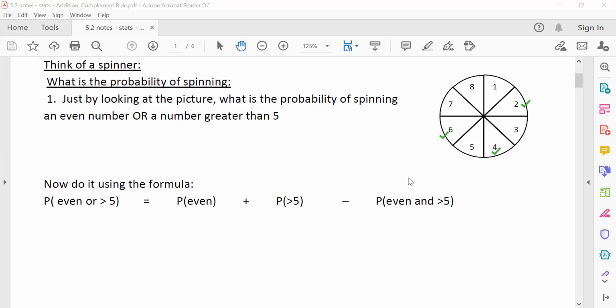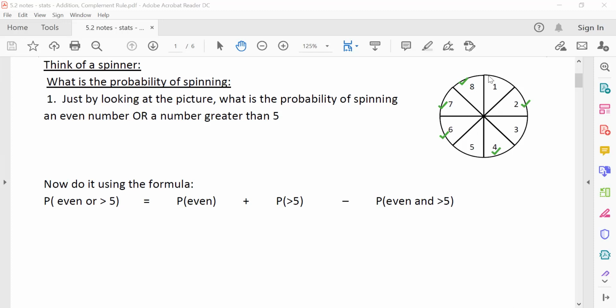6 will do it. It's both even and greater than 5, so it definitely gets the check, but it doesn't get anything extra special because it's both of them. It just still gets a single check. 7 will do it because while 7 is not even, it is a number greater than 5. 8 will do it because 8 is both a number greater than 5 and an even number.